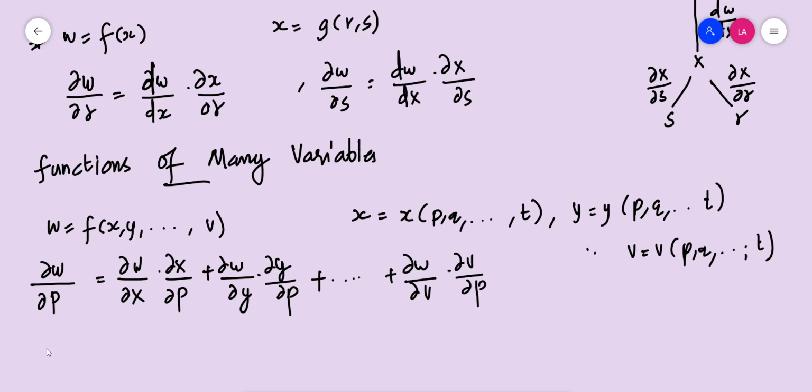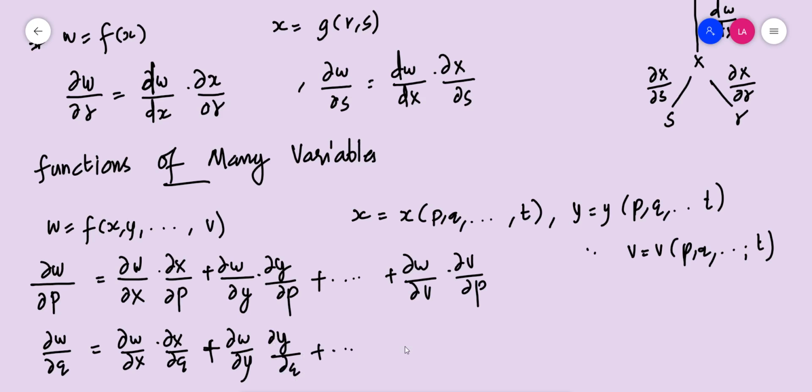Similarly, in terms of q, dou w by dou q is dou w by dou x times dou x by dou q, plus dou w by dou y times dou y by dou q, plus etc., dou w by dou v times dou v by dou q.